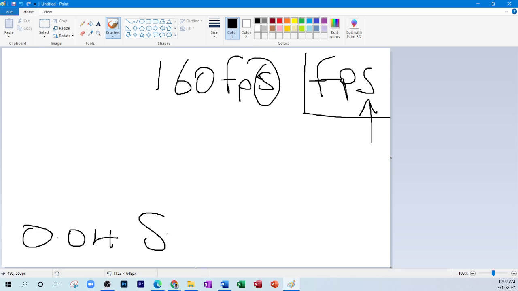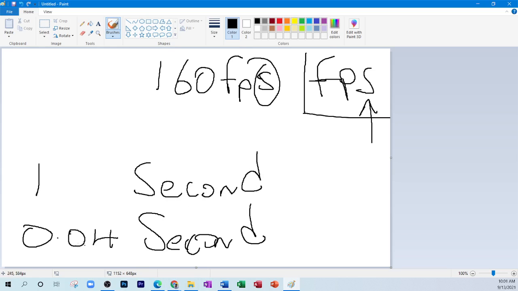So 0.04 of a second. So we will put the word second here. In 0.04 of a second, we can see an image, and we can remember that image. So if you were to compare that to 1 second now, we're looking at 0.04 second and 1 second.